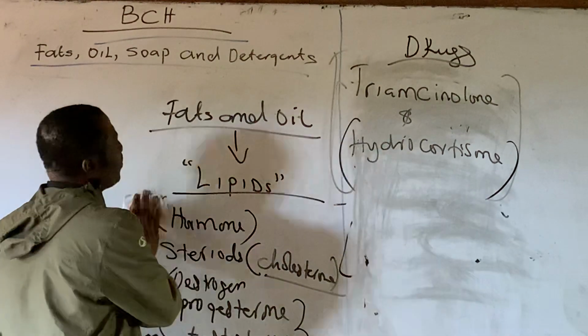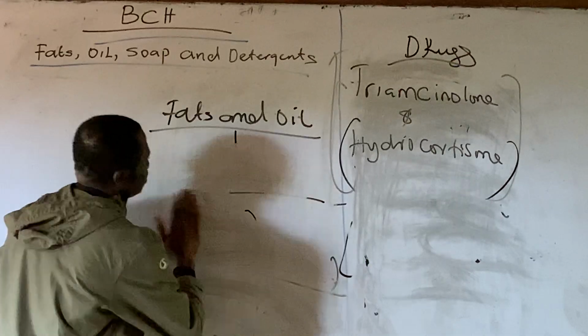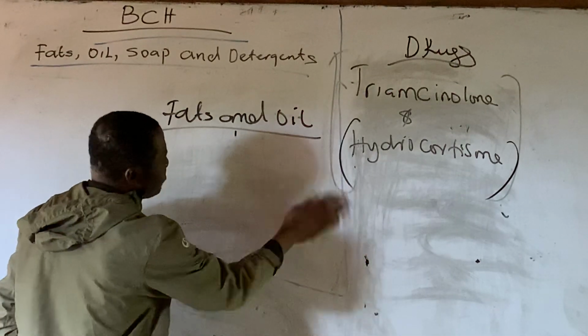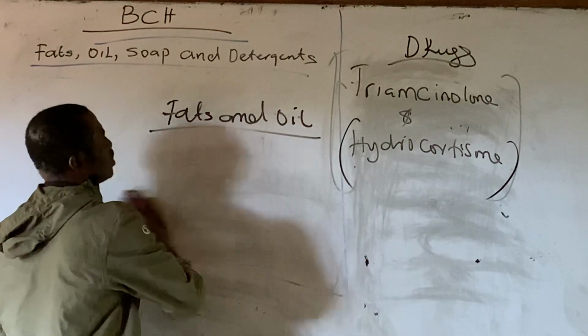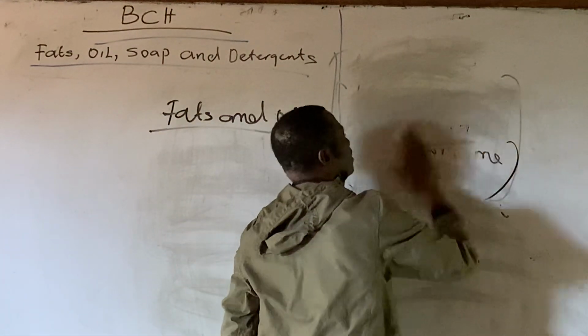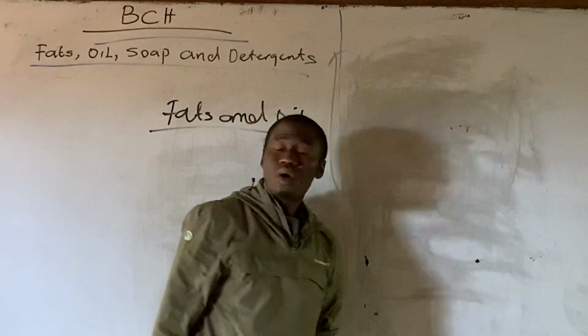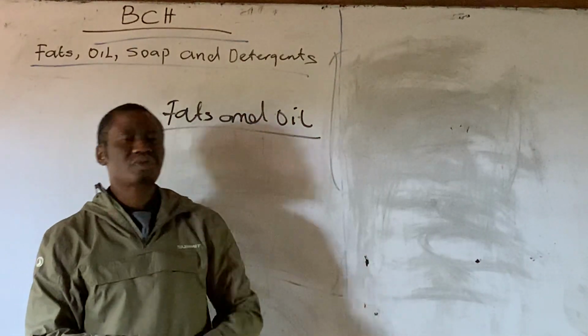Now, we go to one more example, and that example is what we have on the board already. But not steroid now, lipids. Okay? So that's the example known as fats and oil. Well, is fat and oil the only lipid, apart from vitamins, hormones and steroid-like hormones?